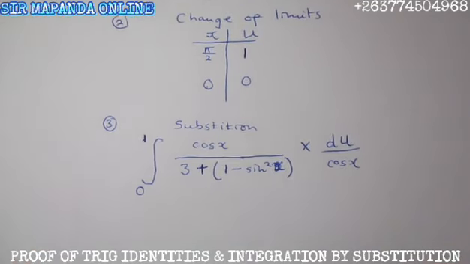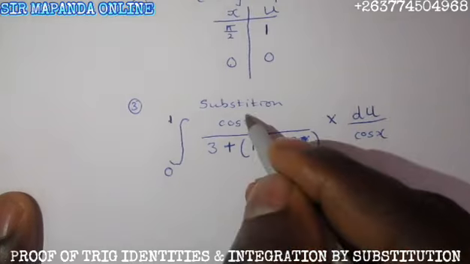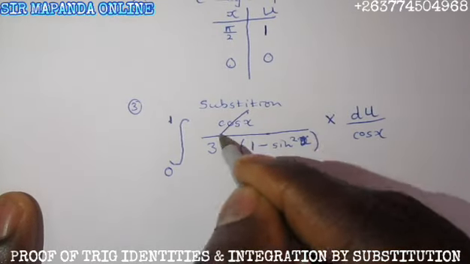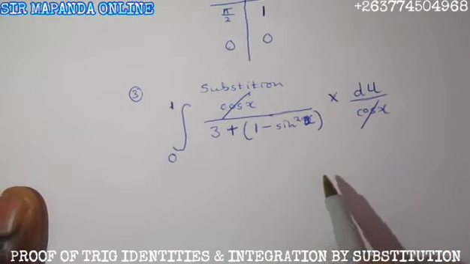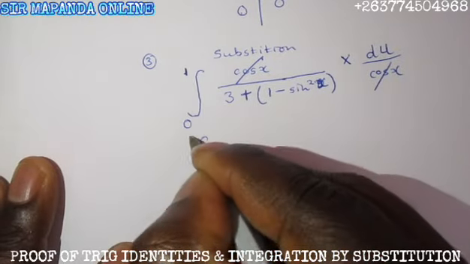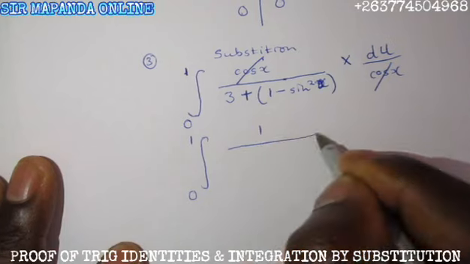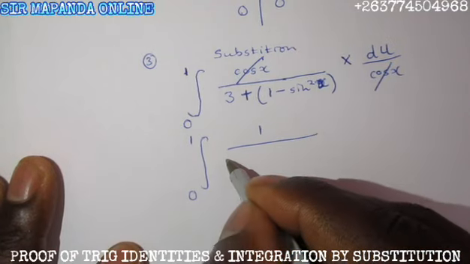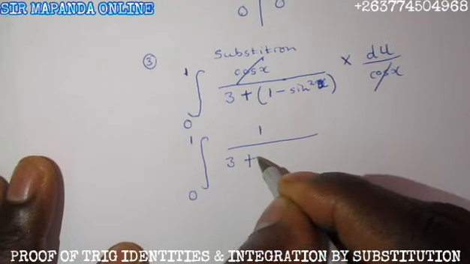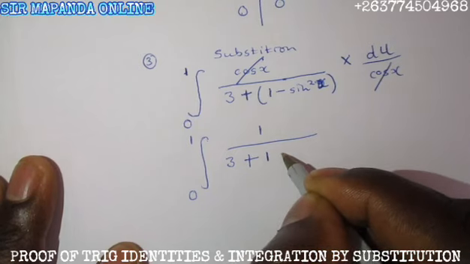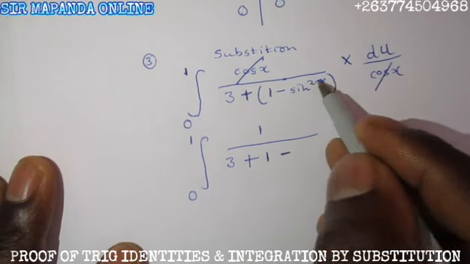So you can clearly notice that cos x and cos x cancel off each other. If we cancel them, you'll be left with the integral from the lower limit 0 to 1. Your numerator becomes 1. Then you say 3 plus 1 minus sine squared x.